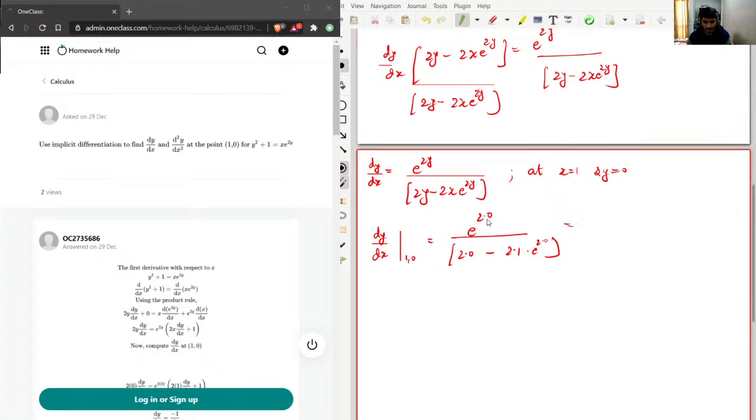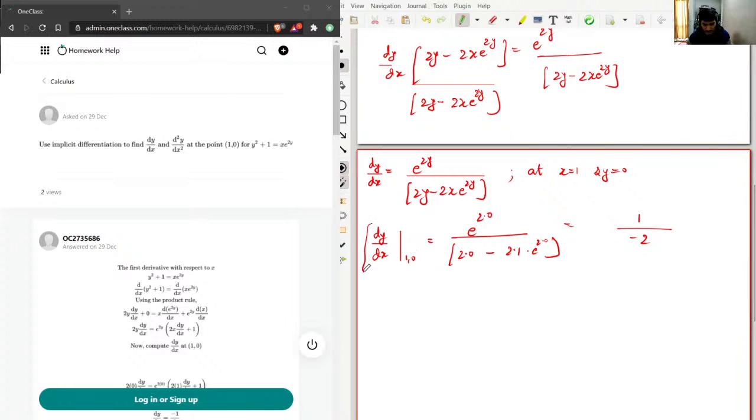Now 2 times 0 is 0, and e power 0 will be 1. So this will be 1 over 2 into 0, which is 0, minus 2 into 1 into e power 0, which is 2. So we'll get minus 2 in the denominator.